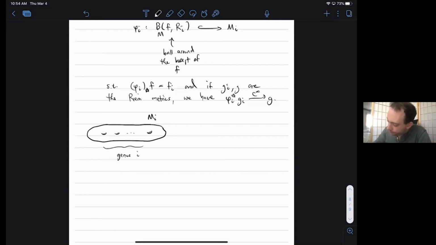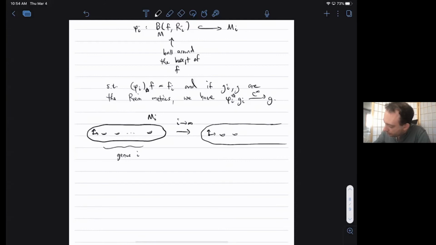And imagine I have a little base frame, an orthonormal basis for some tangent space here. Then as i goes to infinity, you should imagine these surfaces converging to some infinite volume thing that is a surface with infinite genus.